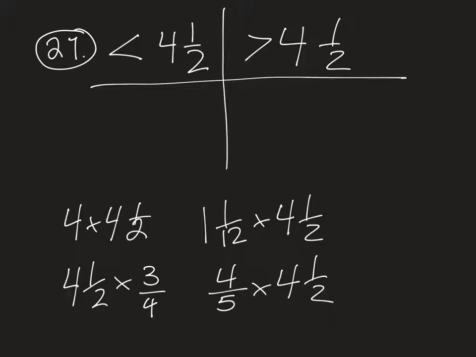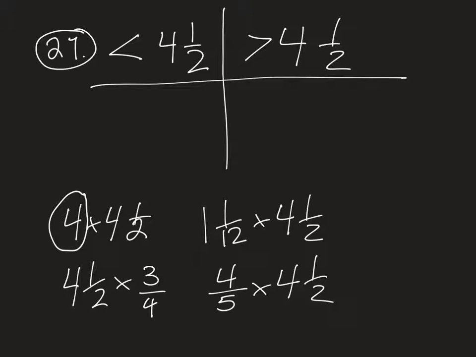So the first one is 4 times 4.5. Now remember, we want to figure out if we multiply 4 times 4.5, is my answer going to be less than 4.5, greater than 4.5, or equal to? So I want to focus on the number that's not 4.5, and in this case, it's the 4. And we know that 4 is greater than 1.